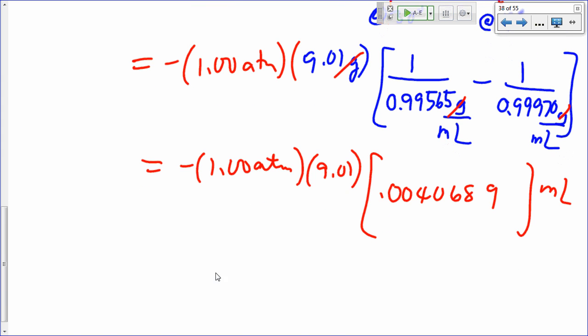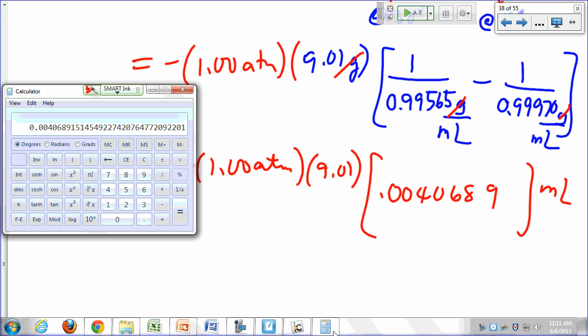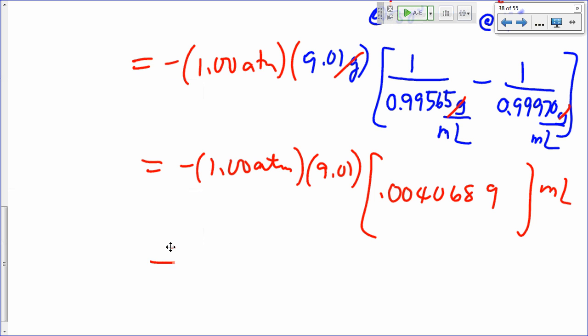So you multiply that by 9.01 times 1 atmosphere. That gives you negative 0.0367 milliliter atmosphere. Okay?